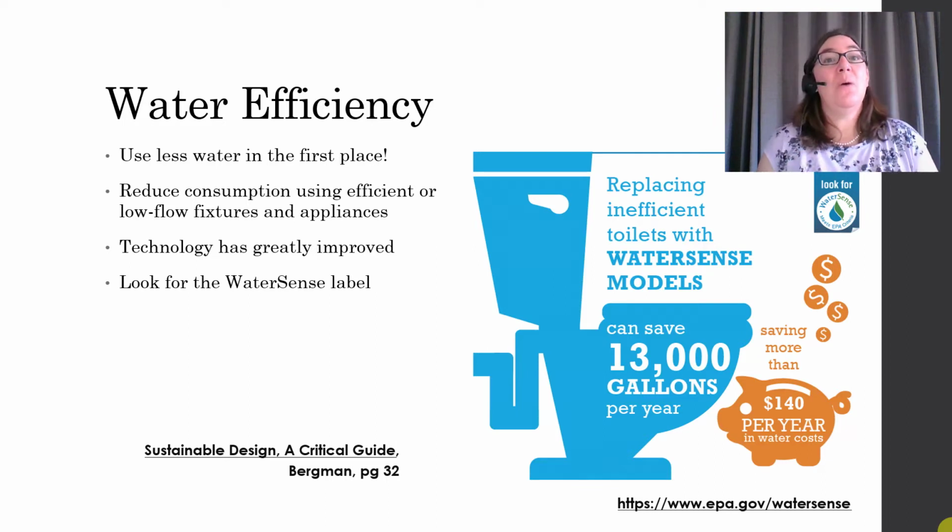Okay. When you are specifying water efficient fixtures, look for the WaterSense label. WaterSense is a US EPA program that measures and controls the water use of domestic fixtures.